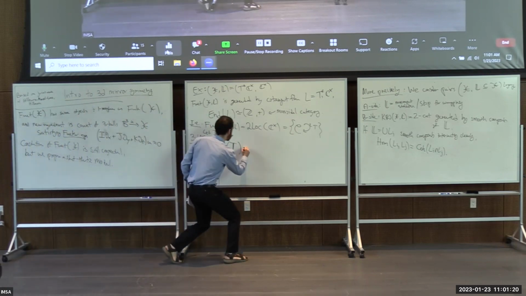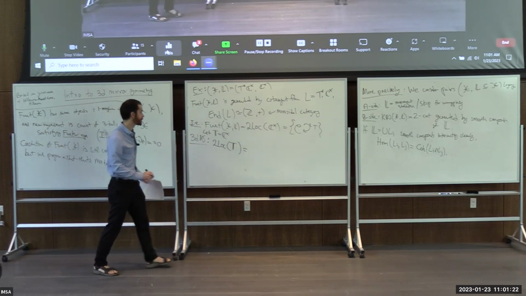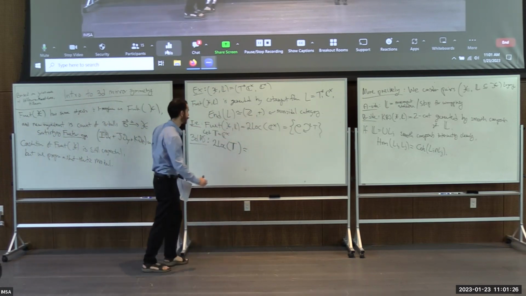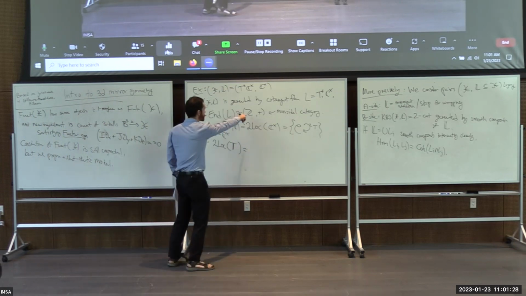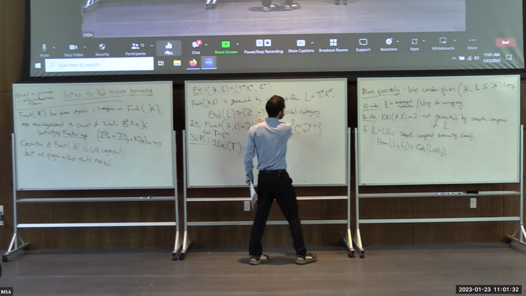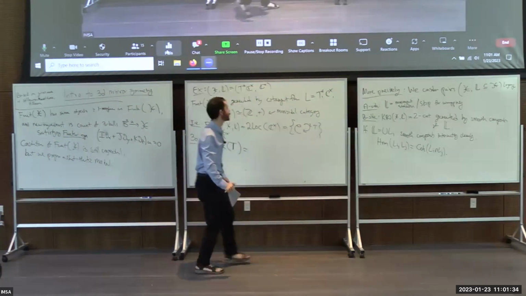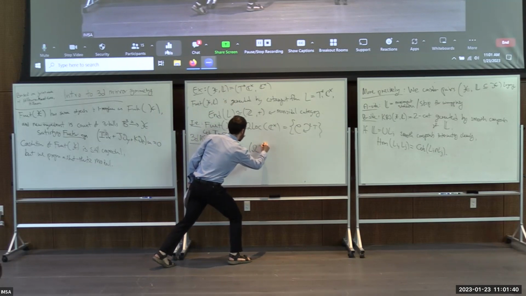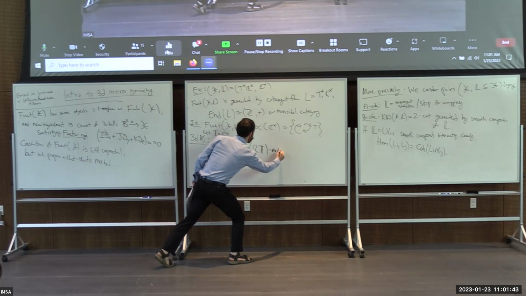That we've explained is just module categories over a linearization of this monoidal category here, which this D here is, of course, the discrete category of based loops of C star. This is based loops on T, module categories.